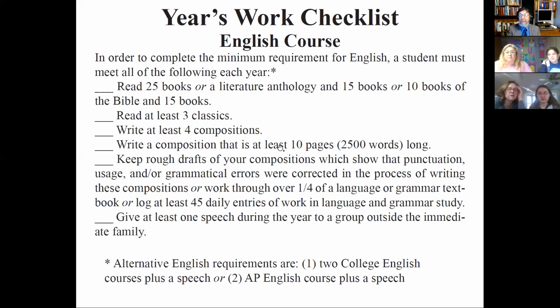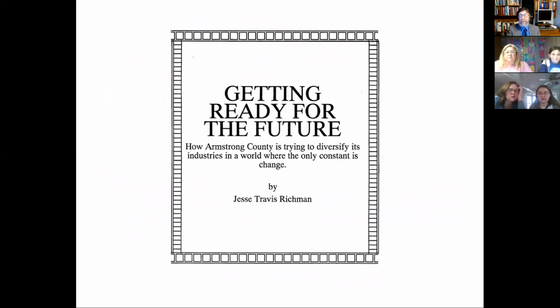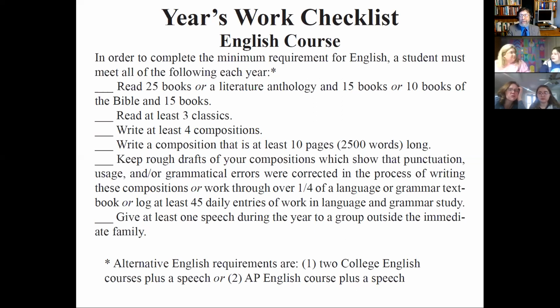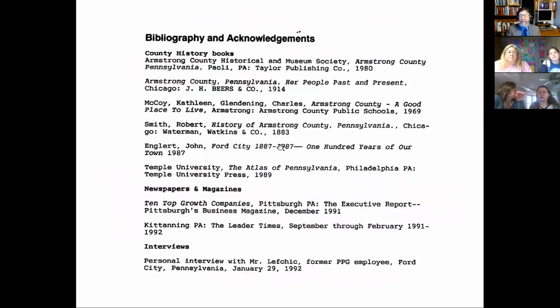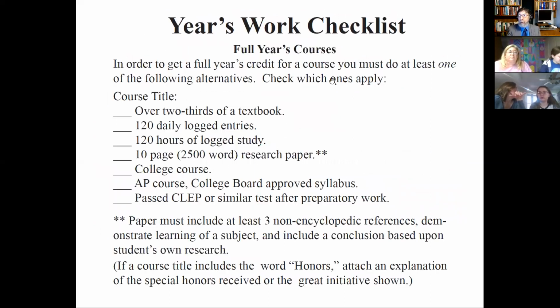Our other requirements are very flexible. Well, I was going to give you an example of a research paper here, but I'll come back to that. For a full year course in anything else, that could be social studies, science, music, anything, you have to do one or the other, or the other.